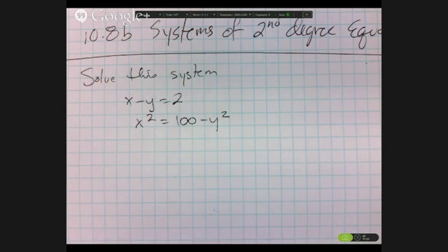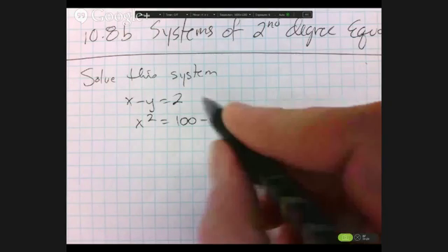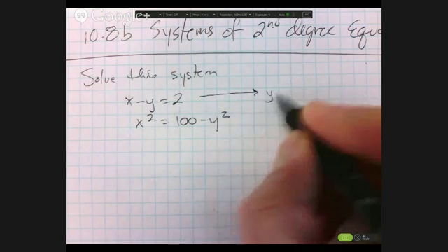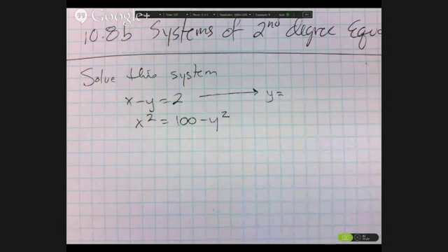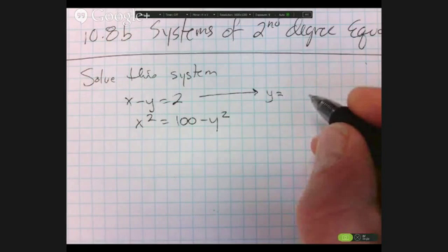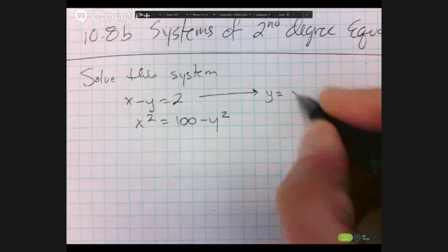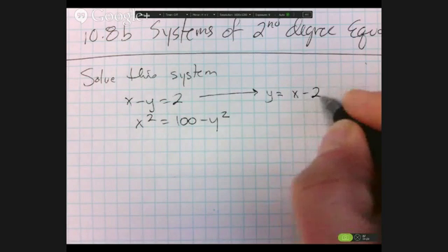Generally, we operate in y equals form for linear equations. What would that one be? y equals x plus 2.